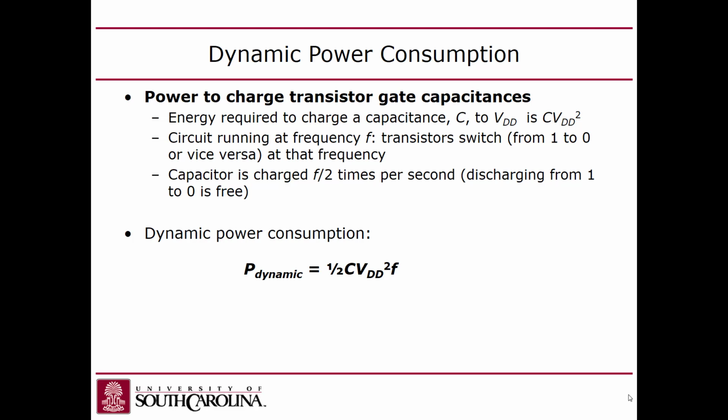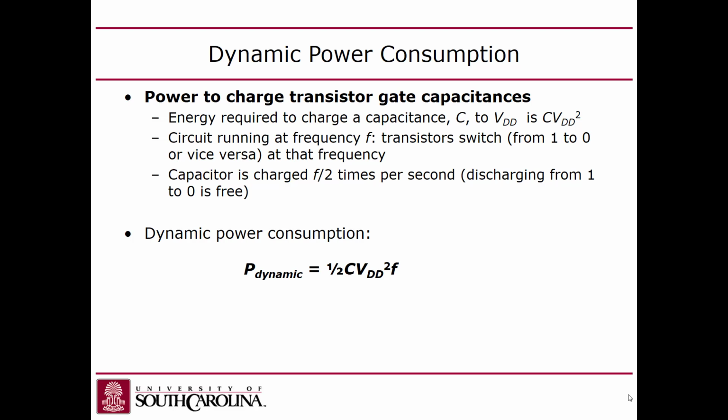So this is why processors try to shut off parts of the chip that they're not using. One way to do that is to gate their clock. You turn the clock off to certain modules, and then you reduce this F term. Or if you turn down the power supply voltage, you're affecting the V term.